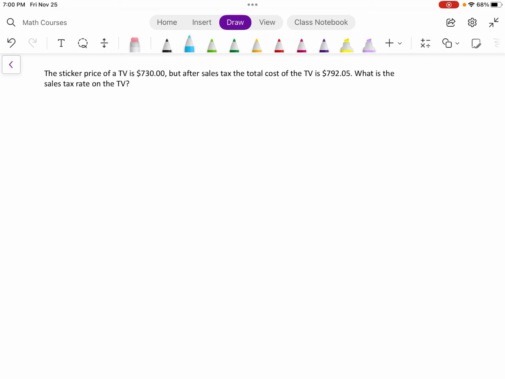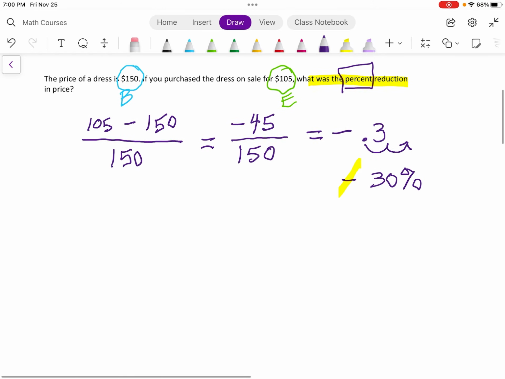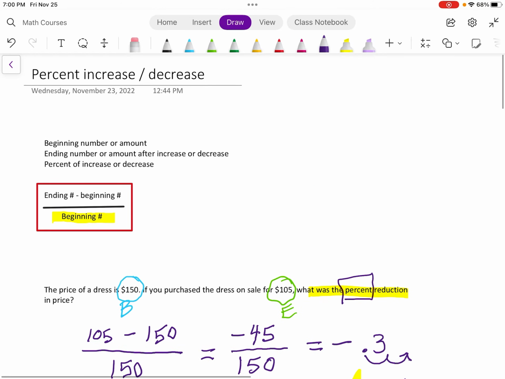So our beginning amount would be the $730, and our ending amount would be the $792.05.